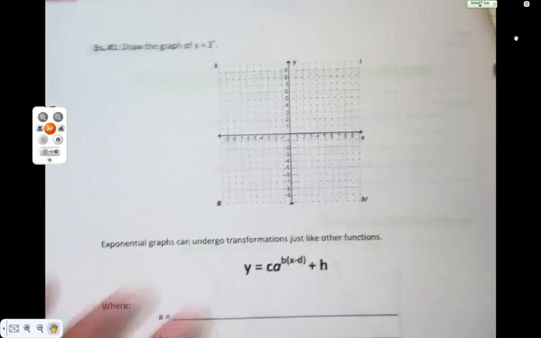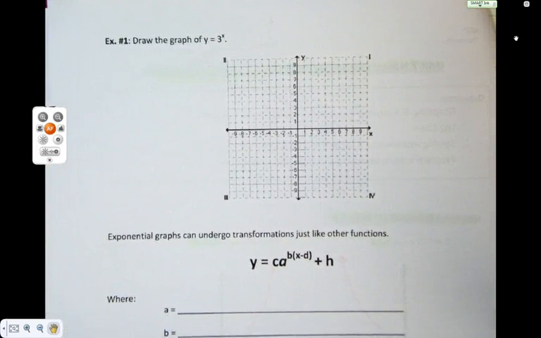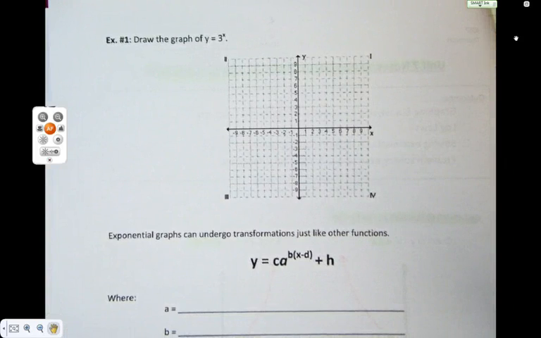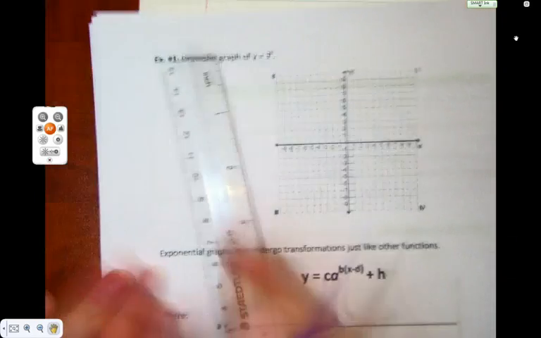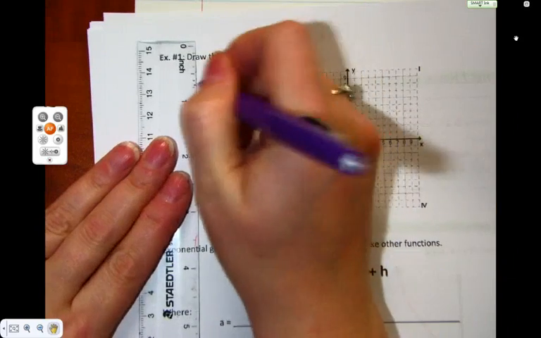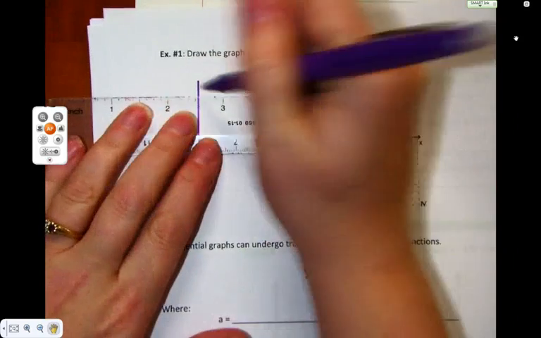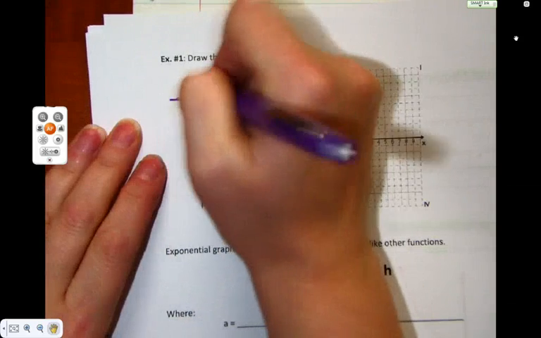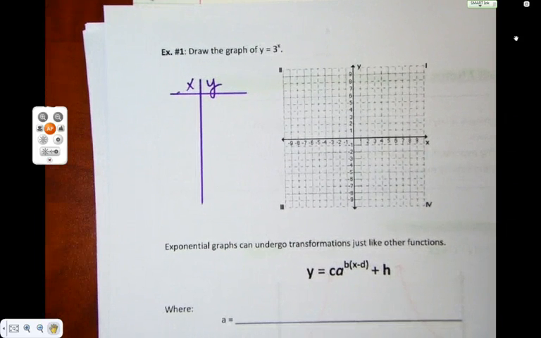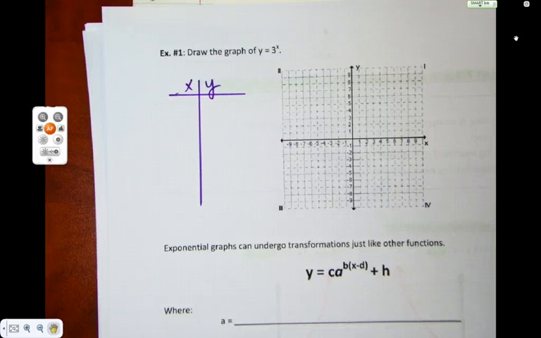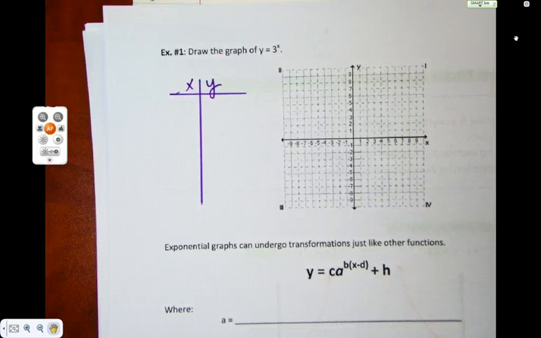Okay, so let's graph the base graph of 3 to the x. Okay, and just like when we started transformations and you didn't know what the base graph looked like, we started with a table of values. And we've talked before, you can pick any x values you want.